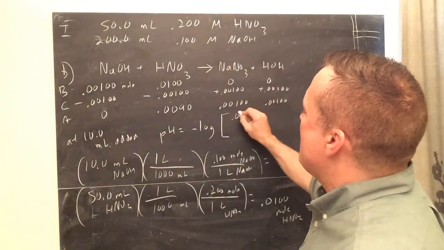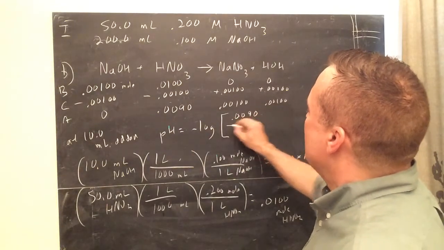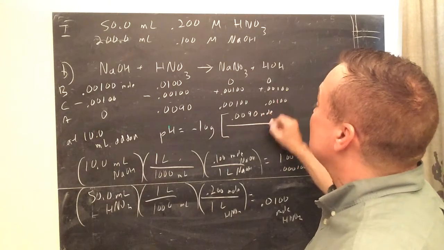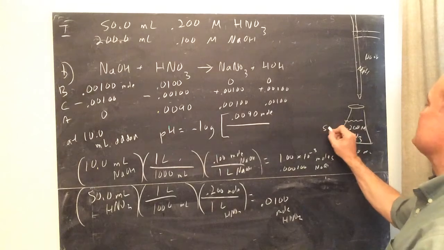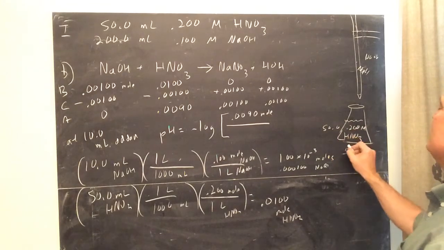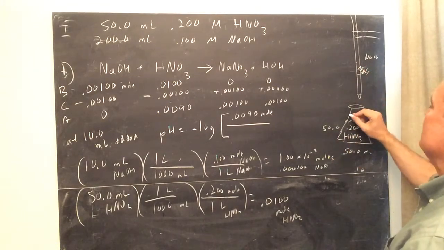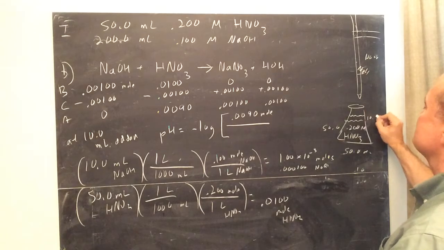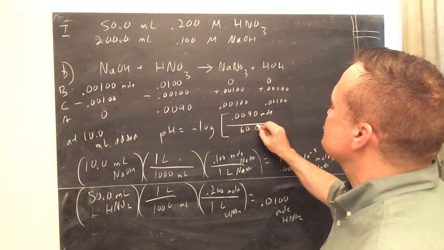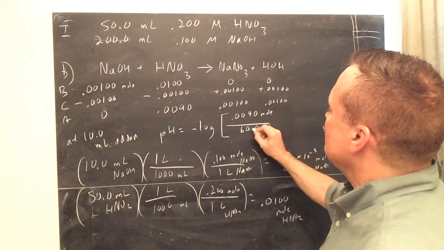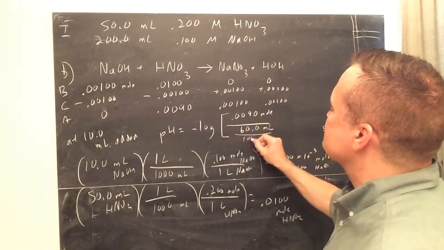It's going to be 0.0090 moles. But then what's your volume now? Your volume, you started with 50 milliliters of HNO3, right? How much did you add, though? You added 10 milliliters. So 50 plus 10 is 60. So you have 60 milliliters. But then you got to have it in liters, so divide by 1,000.